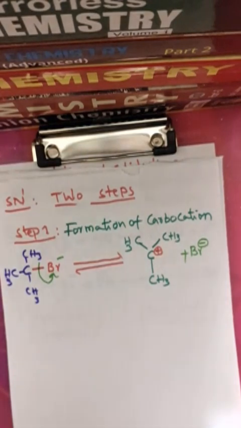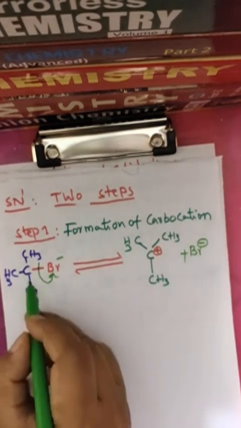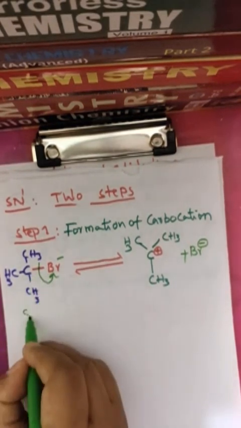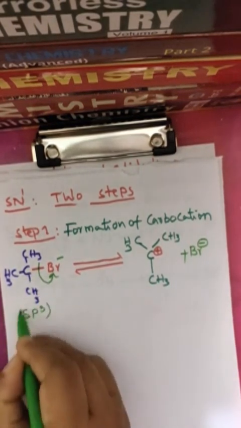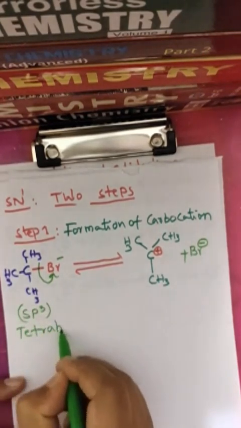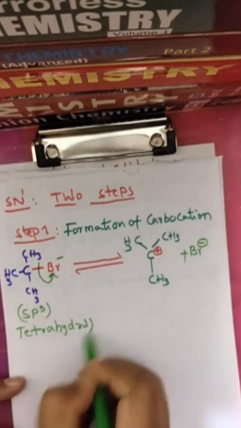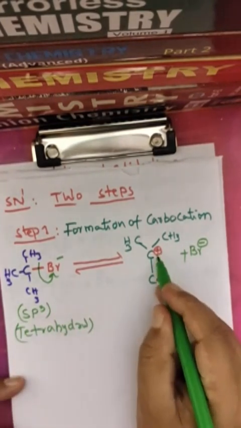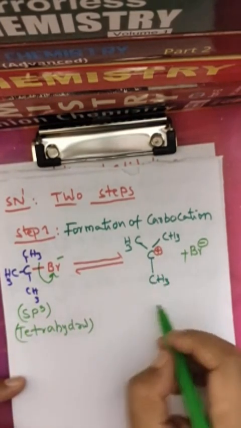This is a carbon with all single bonds, sp3 hybridization with tetrahedral structure. And this is a carbon with positive charge, 3 bonds we have.